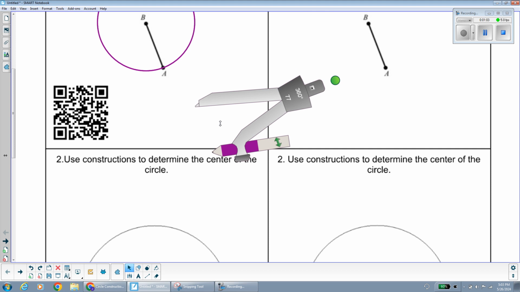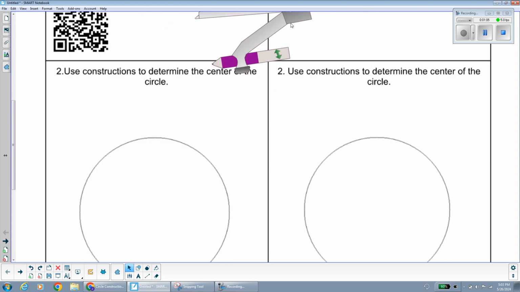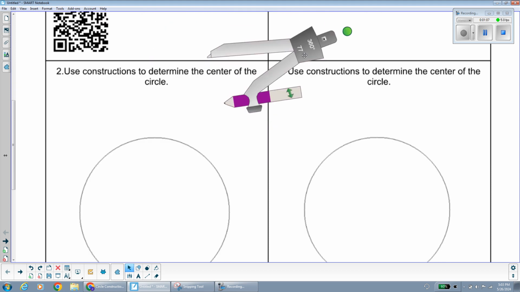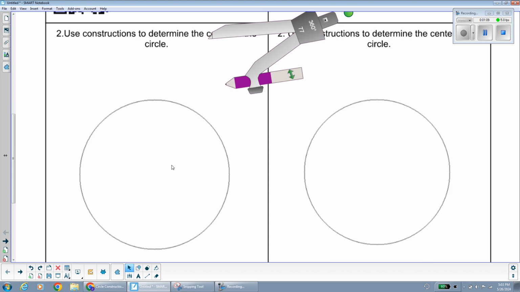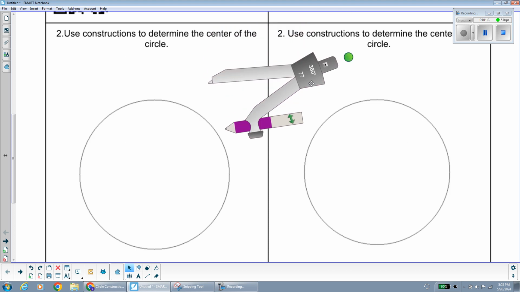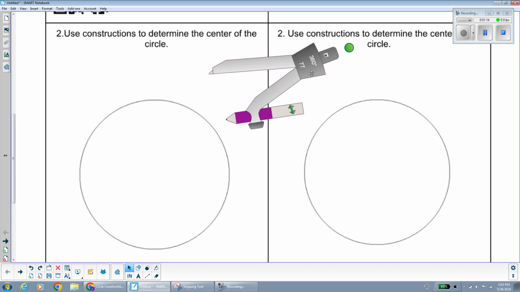The next construction that we're going to do is determine the center of the circle. I would love to just put a dot in the middle and say this is the center, but I can't do that. I have to use constructions to make sure that I for sure know where the center of the circle is. So I'm going to start with any two chords.